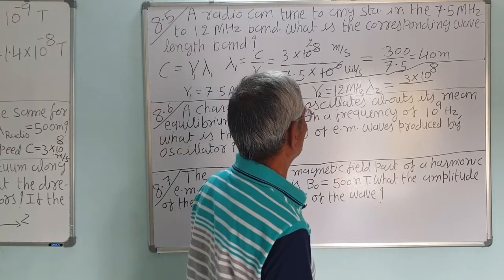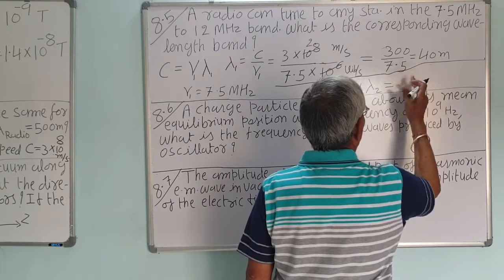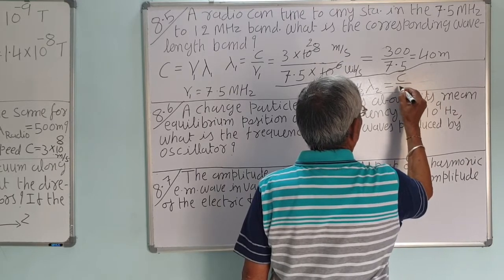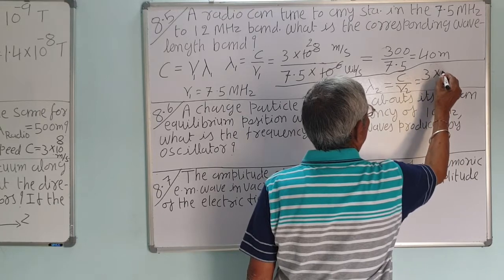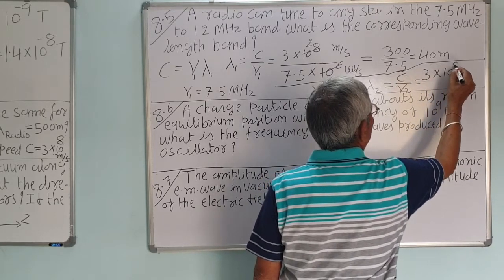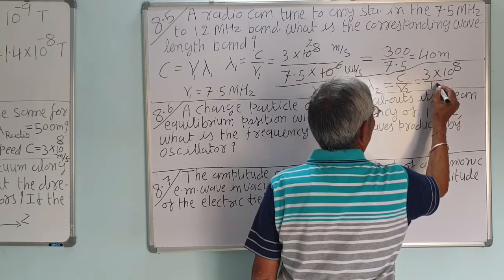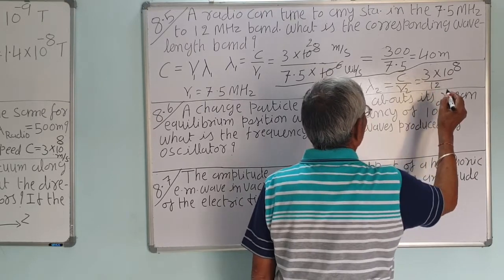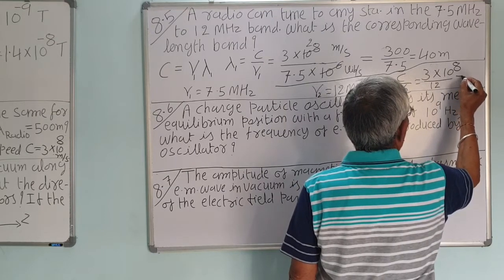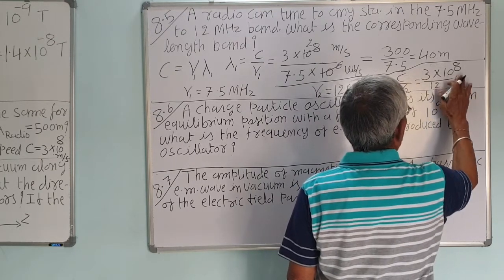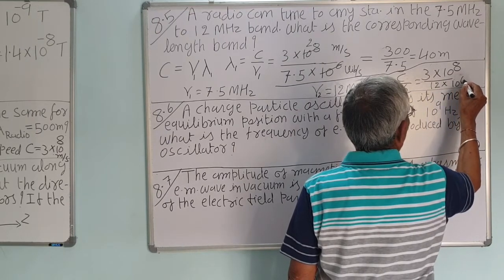Therefore, lambda 2 is equal to c upon nu 2, that is equal to 3 into 10 to the power 8, a very easy numerical, you can say orally, upon nu 2, that is 12 into 10 raised to 6 meter.